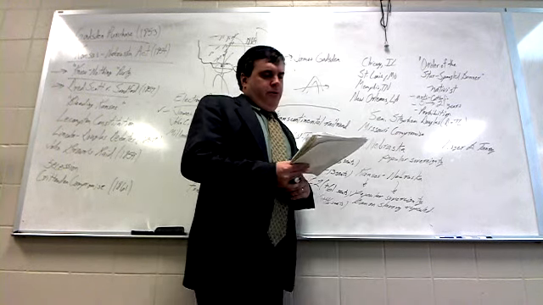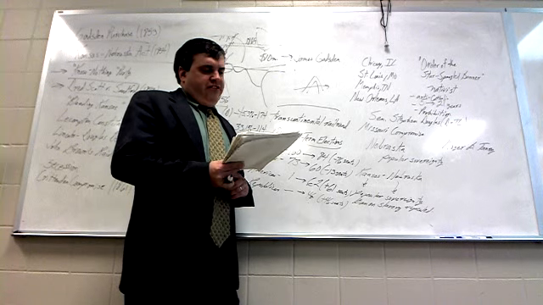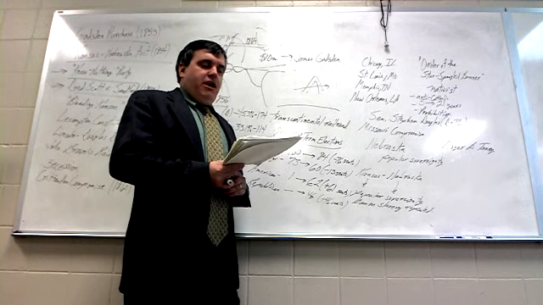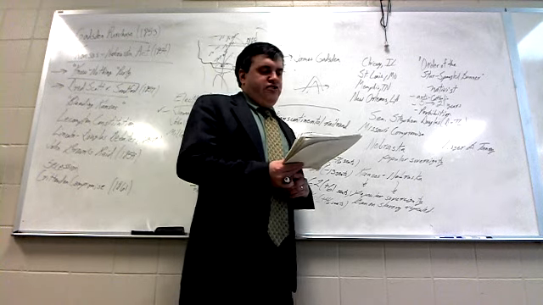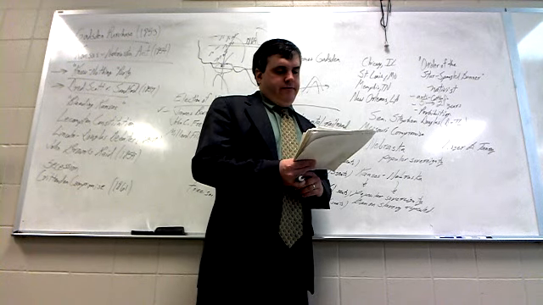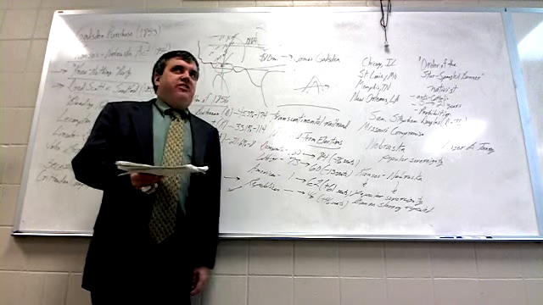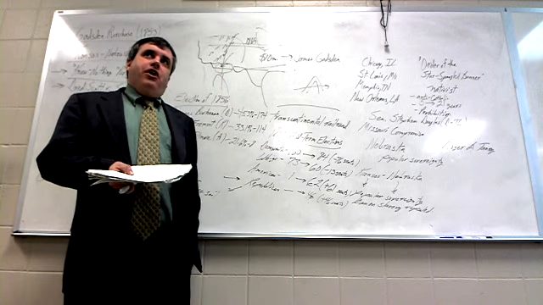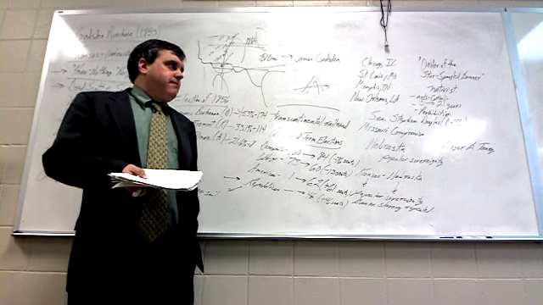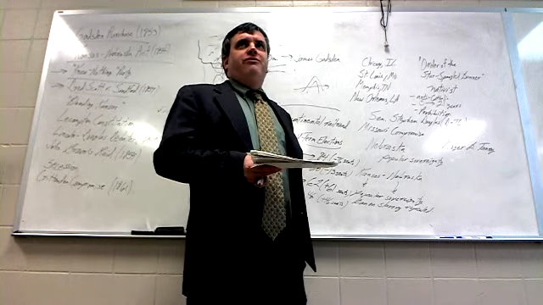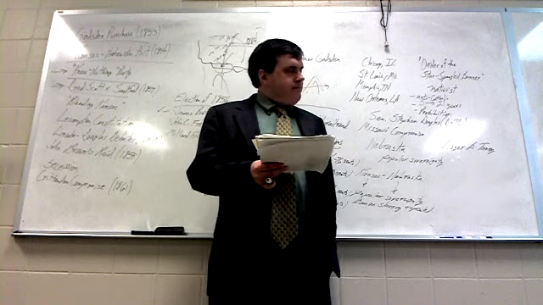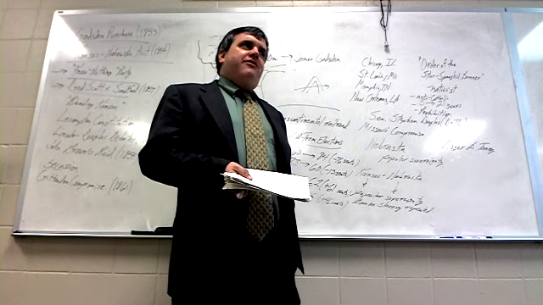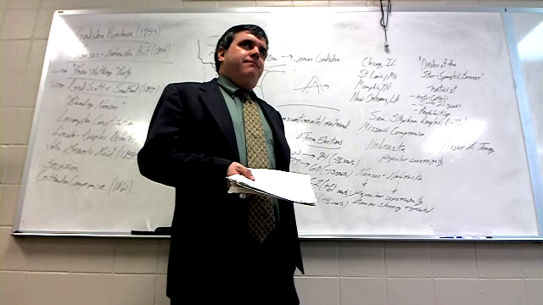Taney ruled that no black could ever be a citizen of the United States. The Missouri Compromise was unconstitutional, and Congress had no right to declare slavery illegal in the Wisconsin Territory. Essentially, they cut off all possible avenues of compromise, so that slavery could expand over the whole of the United States, and the Bill of Rights was for whites only.